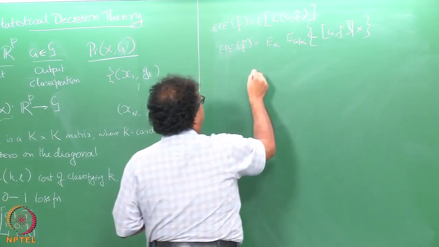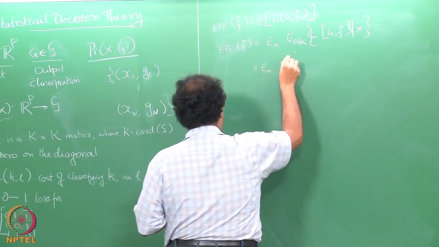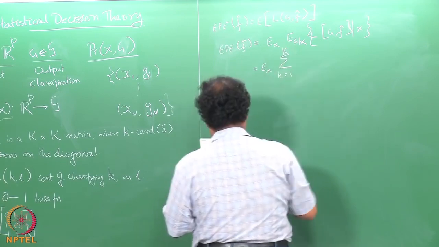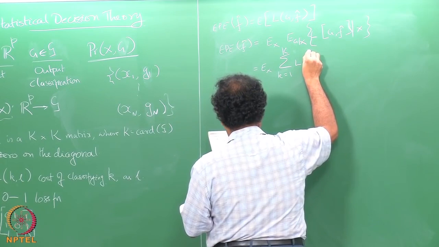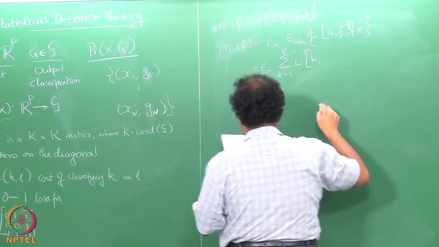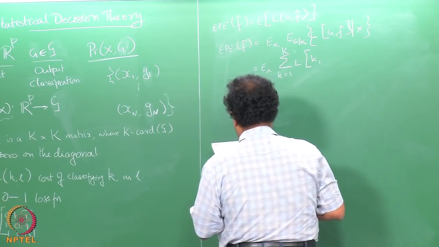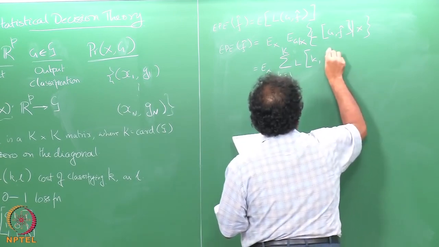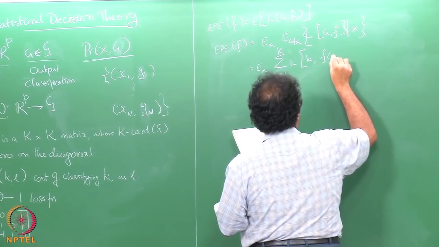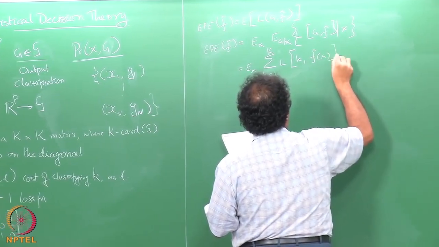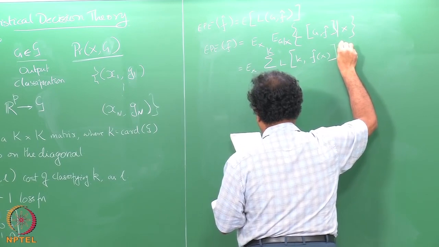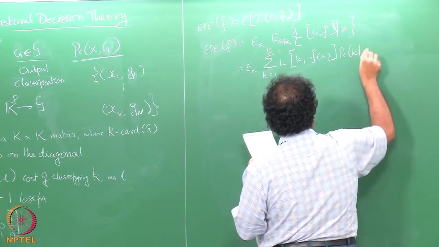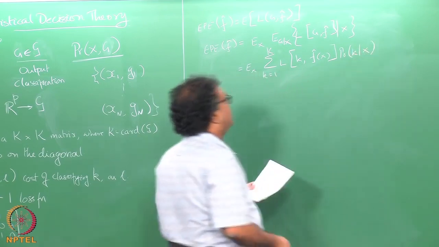So, instead of writing it out as this expectation, I can actually simplify that and write it as a sum over k.